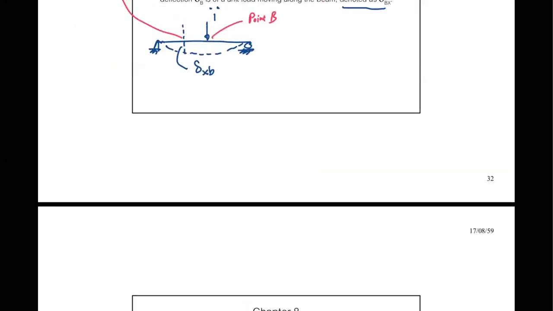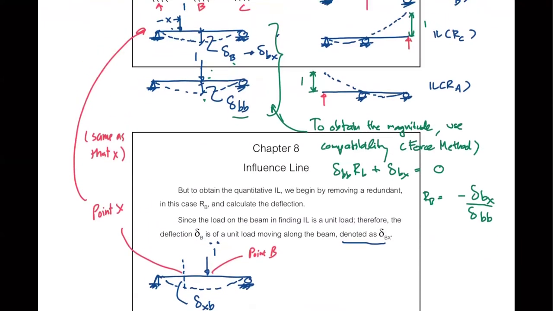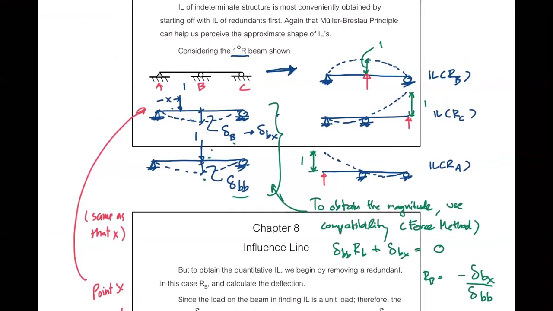Now, that means in order to obtain the magnitude of the influence line here, do we always need to place the unit load at any x location and calculate delta BX? Because delta BB would remain the same, right? Do we have to do that? Yes, we do, and no, we don't.